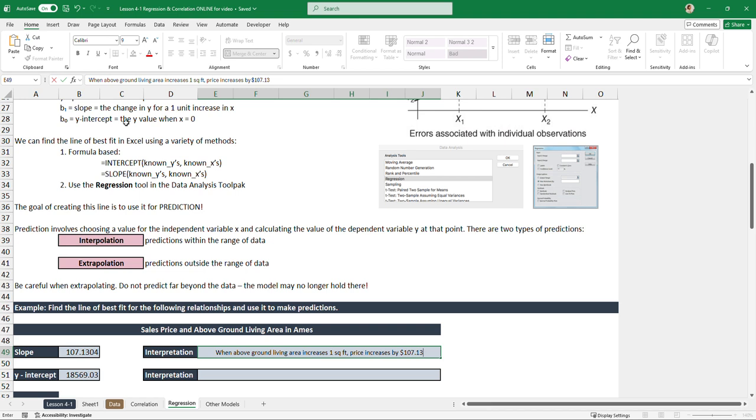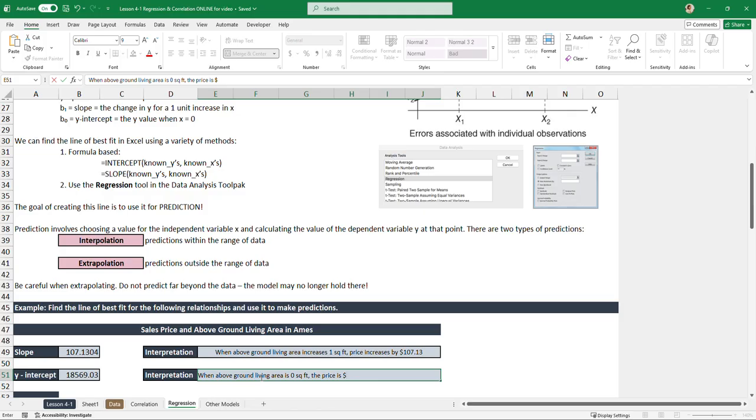The y-intercept is the value of y when x is 0. What that would mean is the price when your house has 0 square feet above ground living area. So I think this is not a realistic situation because I don't personally know of any houses that only have a basement and no above ground area.